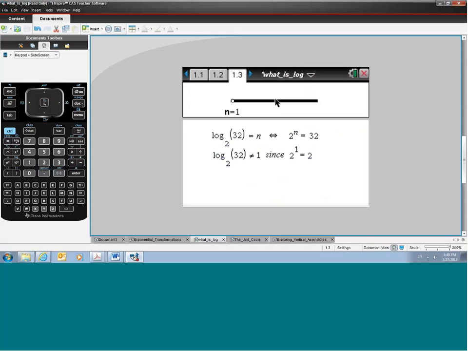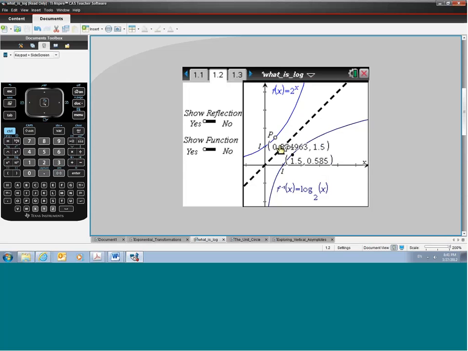So there are some guided questions for that. For example, why do you think x has to be bigger than 0 when we have this reflected function?